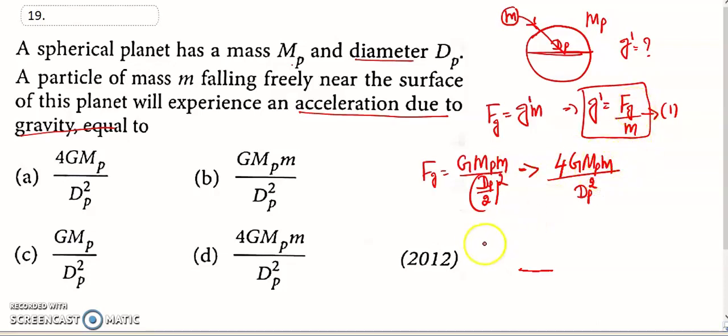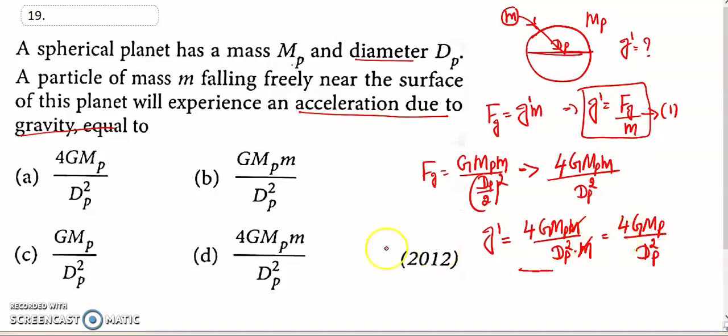Now put this in the equation: the gravitational force is 4 G mp divided by dp square into small m. Small m gets cancelled. So 4 G mp divided by dp square is the right answer for this question. That is option A, the right answer for the 19th question.